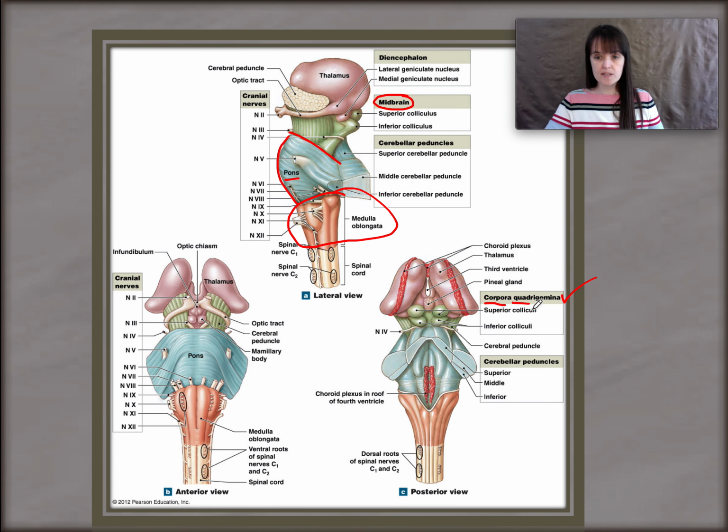And quad means 4, and there's 4 bumps. And the Gemini are the twins, and these are 4 bumps that are twins. Let's see, the top 2 bumps of the corpora quadrigemini are the superior colliculi. So one superior colliculus is one of the top 2 bumps. Both of them are the superior colliculi. 1 colliculus, 2 colliculi.